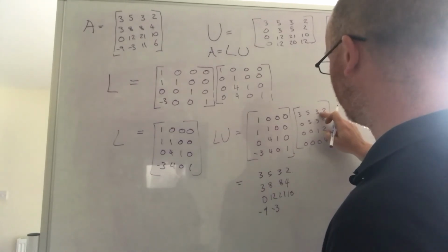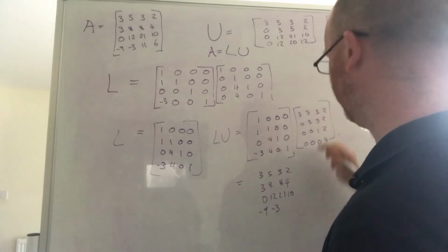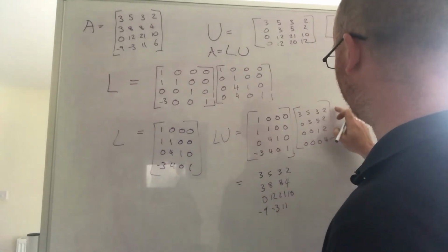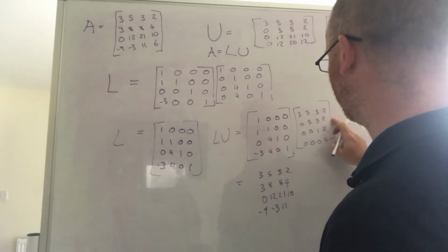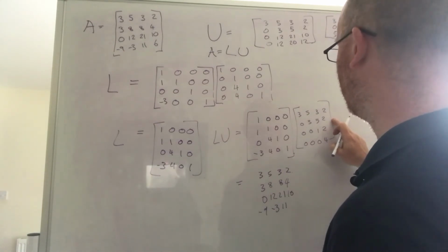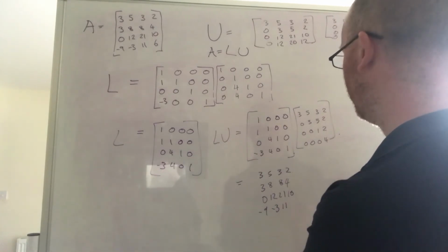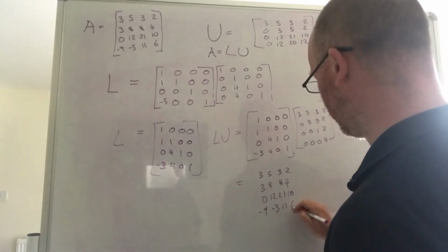This is going to give us minus 9 plus 20. Give us 11. And then finally, we're going to have minus 3 of the 2s. 3 2s is minus 6. Plus 8 is going to give us 2. Plus 4 is going to give us 6.